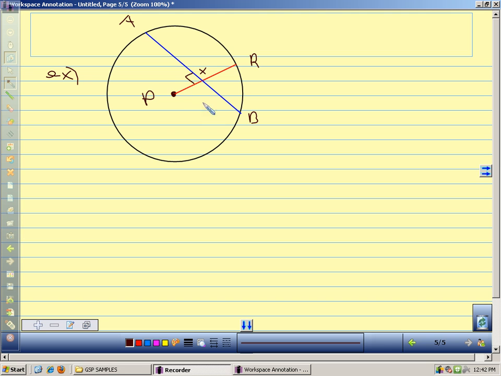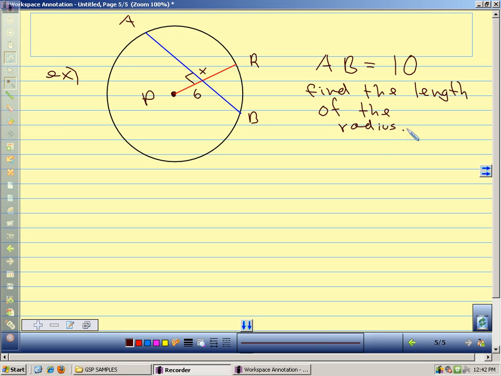And this length is 6, and the length of AB is 10. We want to find the length of the radius. So all we know is that the length of AB is 10, and this little piece of the radius is 6.